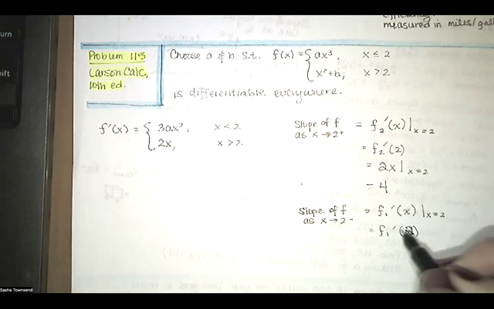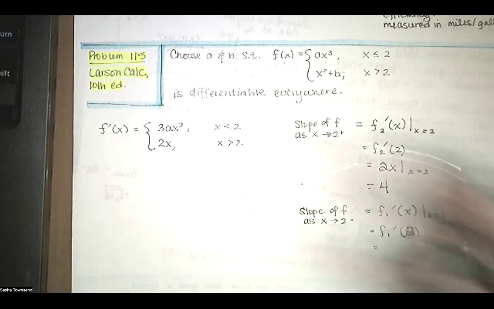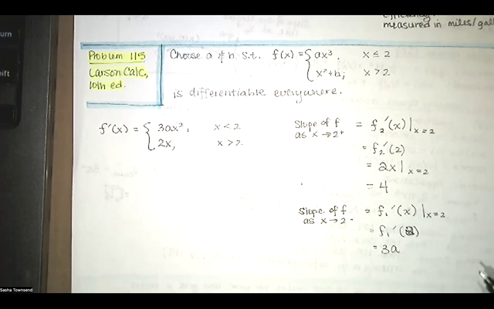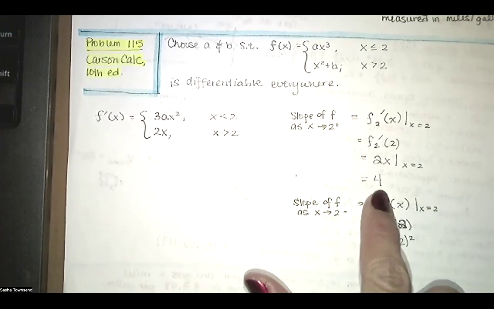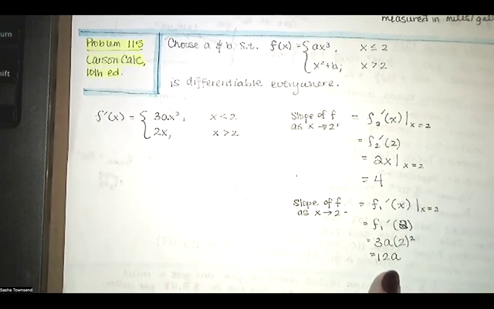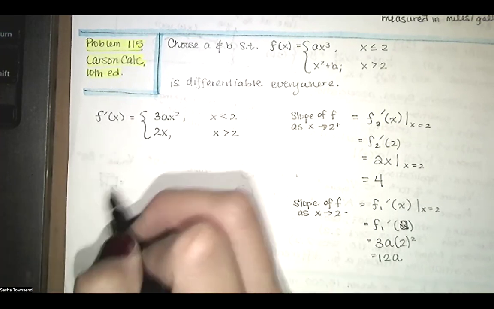So f sub 1 prime evaluated at 2. And f sub 1 prime was this 3 times a times x squared. Well, it's 3 times a times x squared, but x is 2, so we can substitute in that 2 there. 2 squared is 4. 4 times 3 is 12. So we get 12a. So the slope from the right is 4. The slope from the left is 12a. And we want the slope from the right and the slope from the left to be equal to each other.